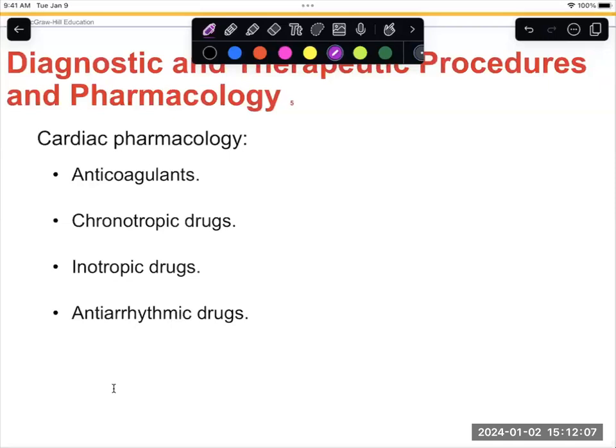Digitalis is actually from a plant that pharmaceuticals have taken and commercialized. Negative inotropic drugs decrease the strength of the ventricular contractions and are used to treat hypertension, angina, and heart attacks, like beta blockers and calcium channel blockers.